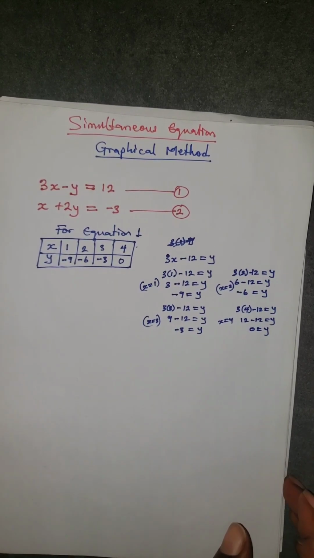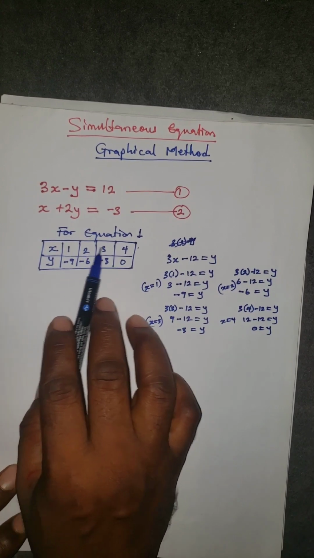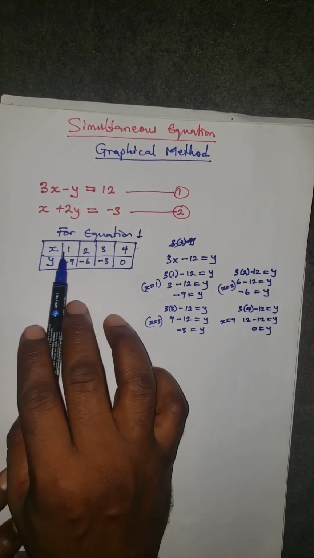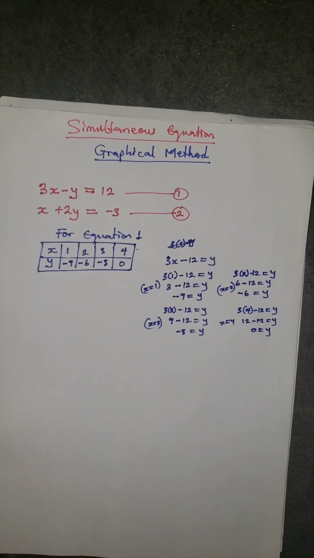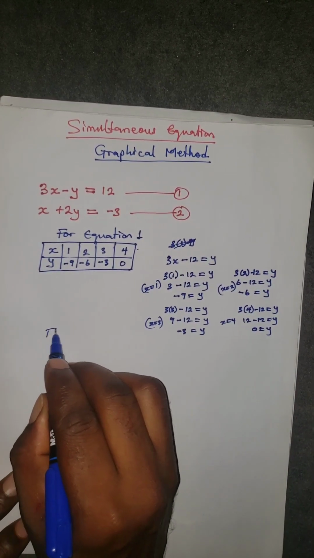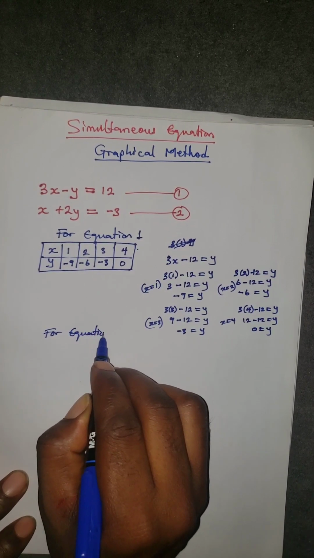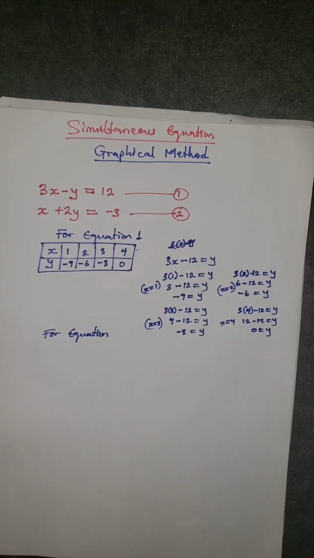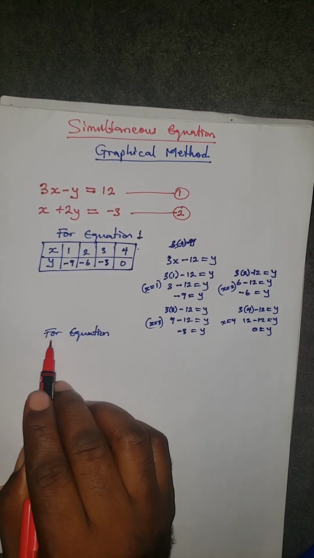I will need to create another table for equation 2. I will try as much as I can to use the same range of values so that when we are picking our scale and other things, there will not be any confusion. So for equation 2 now, just like what we have done here, we have to also do it here.